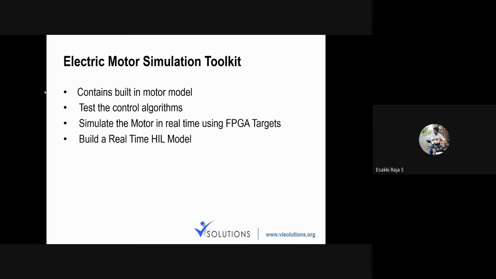But in option C, the third one, we'll be having some controller. This motor model will be simulated in that hardware. Now that hardware will act as the motor, characteristics wise.